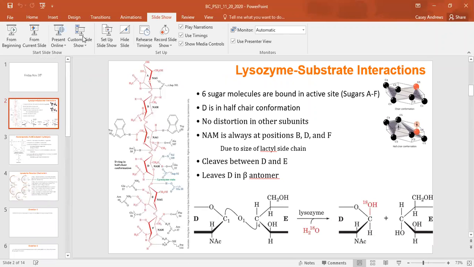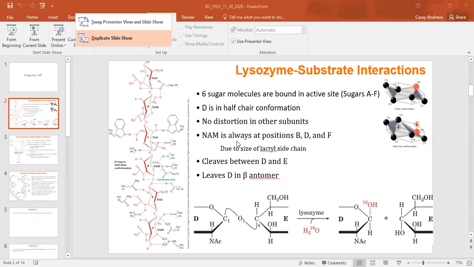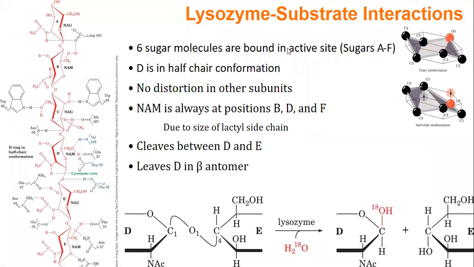So we're going to end talking about another mechanism here, continuing our enzyme discussion. The enzyme we're going to look at is lysozyme, and we talked about lysozyme in the sugars chapter.